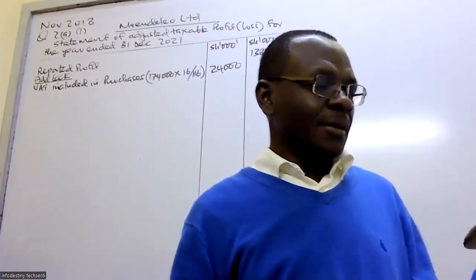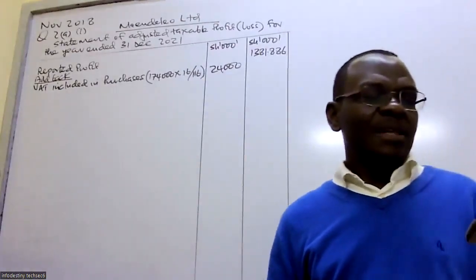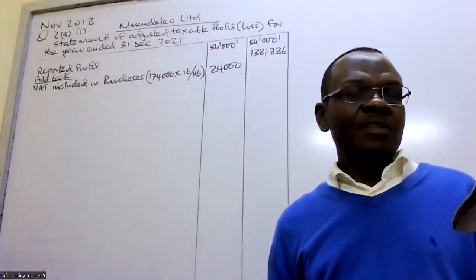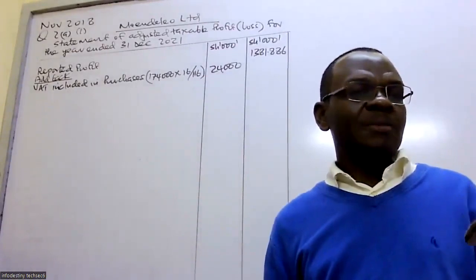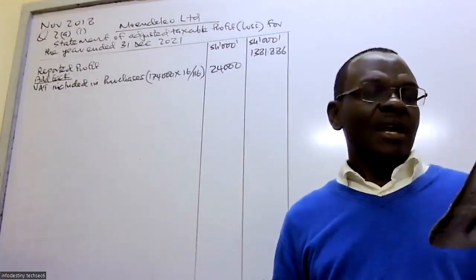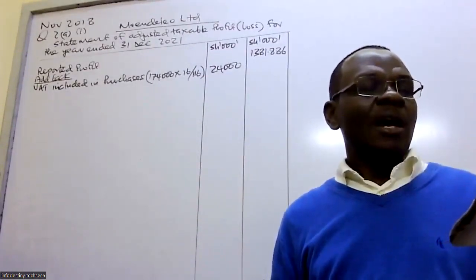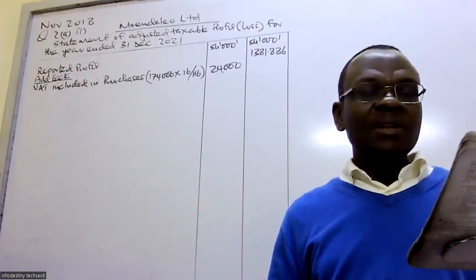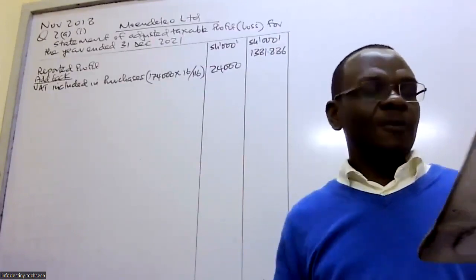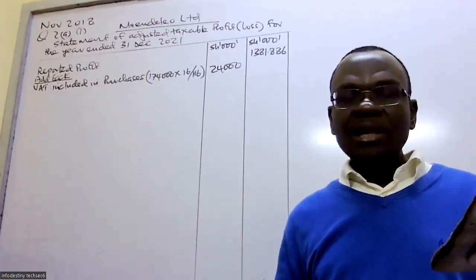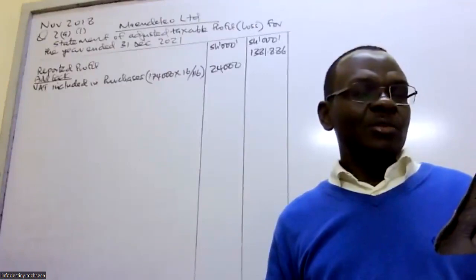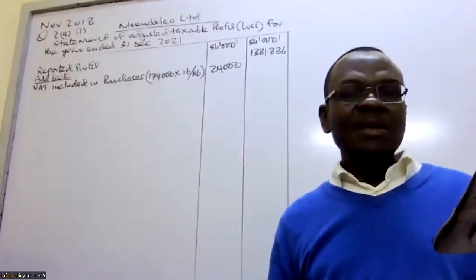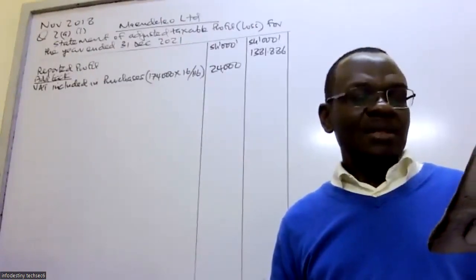It says the directors' emoluments include management fees of 4840 paid to export line. So export line and Maendeleo are not independent. Actually, export line owns 75% of Maendeleo.